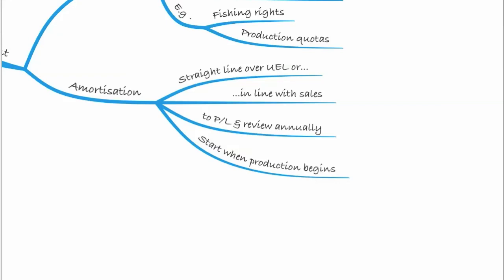The reason for amortization is to match up the development expenditure or the intangible asset with its usage. So when we start production and sales, that means we're going to match up the asset with that use. So we start to write it off to the P&L when production begins.